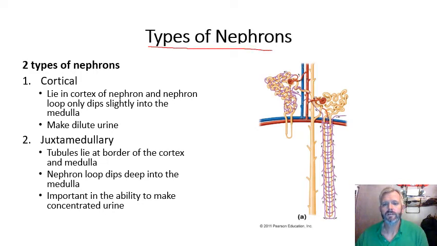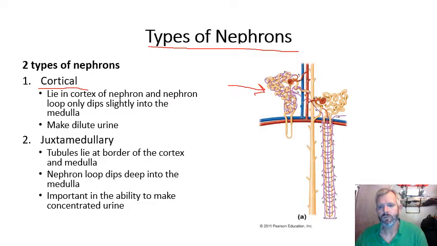In the kidney, you will find two types of nephrons. You will find the cortical nephrons. 85% of the nephrons are of this variety. You can see this is the cortical nephron here.